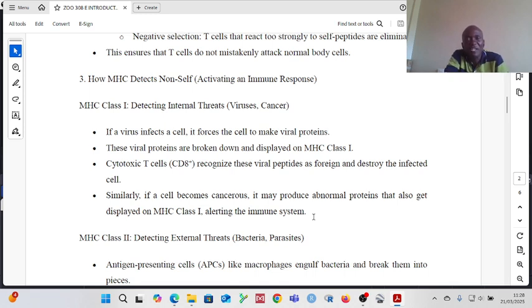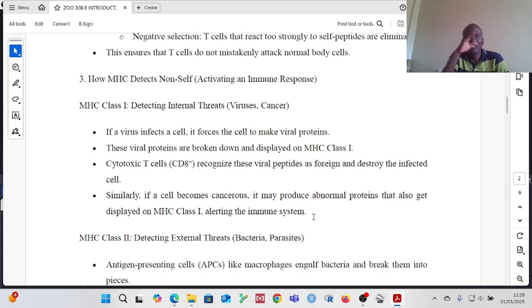The proteins being produced in the cell are proteins of the virus, and they are the same proteins displayed by the MHC class 1 on the cell surface. So the cytotoxic T cells, or the CD8 cells, will recognize these viral peptides as foreign. And once it recognizes them as foreign, it leads to the destruction of that infected cell.